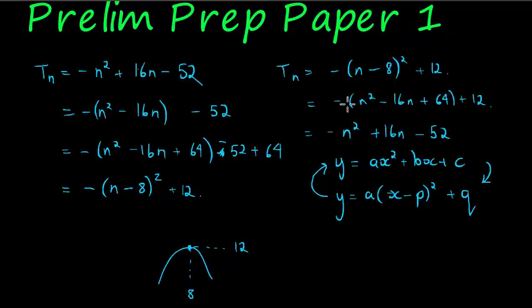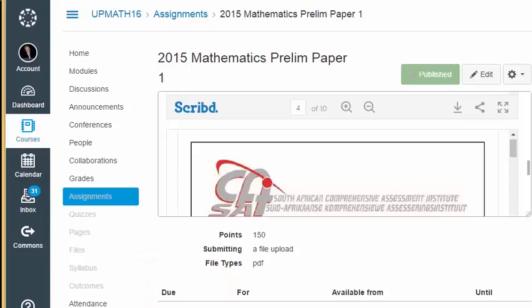Now 8 is my x value and 12 is my y value, but we're not working with x's and y's. My y value is actually my term value and my x value is my term number. So this means the 8th term is 12, and that's exactly this answer.